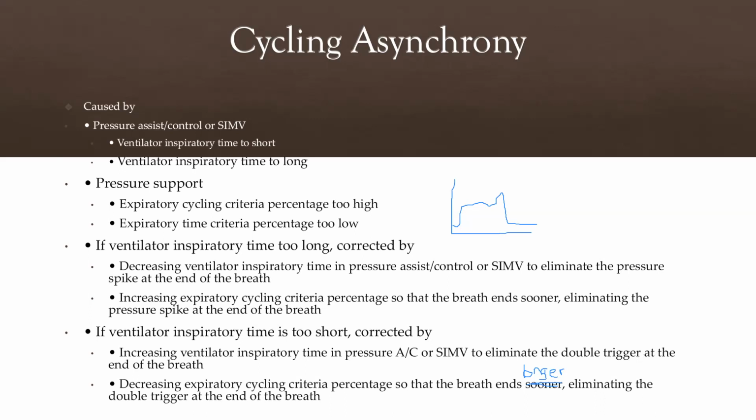The breath will be longer. So if our inspiratory cycle off, if we set it down to 10% or 20%, it's going to make the breath have a longer inspiration. So double triggering with pressure support, give them a longer I time.